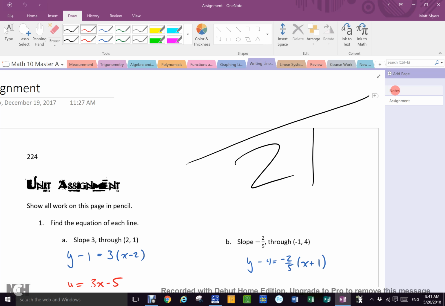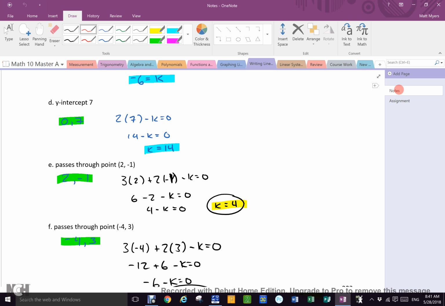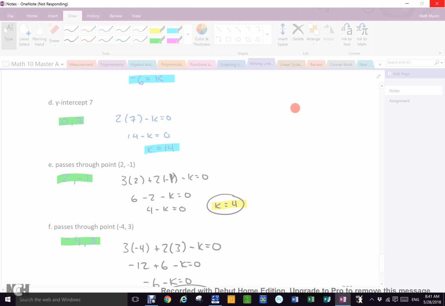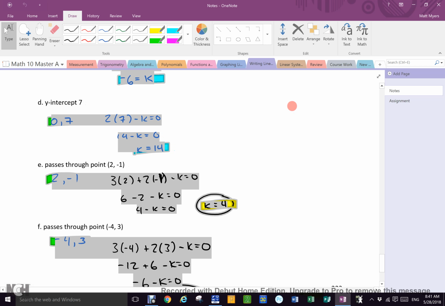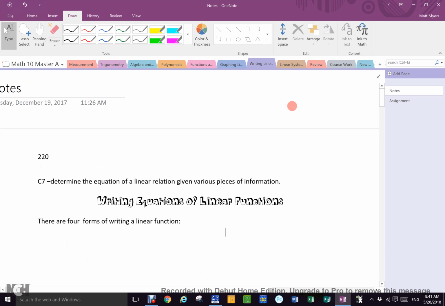Now, if everyone could please turn to the next page in their books. This unit is not a real unit, because it's exactly what we've already been doing, but I'm taking away the graphing option.